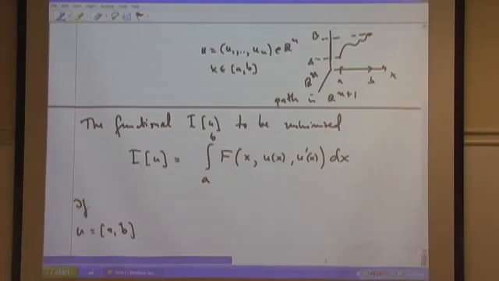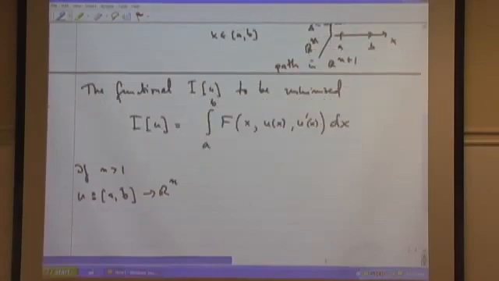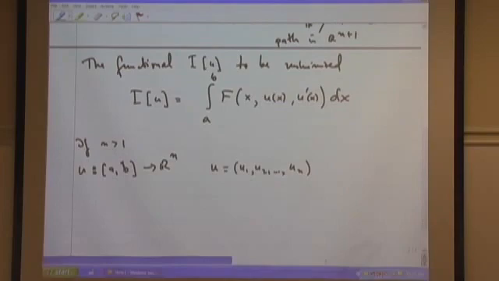If n is greater than 1 and u is a function defined on interval AB but with values in Rn, so u would be u1, u2, un, then this really would mean it could be a function of x, of u1, ..., un, and u1 prime, ..., un prime.